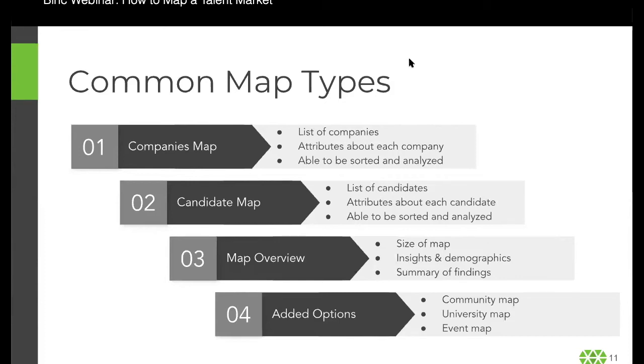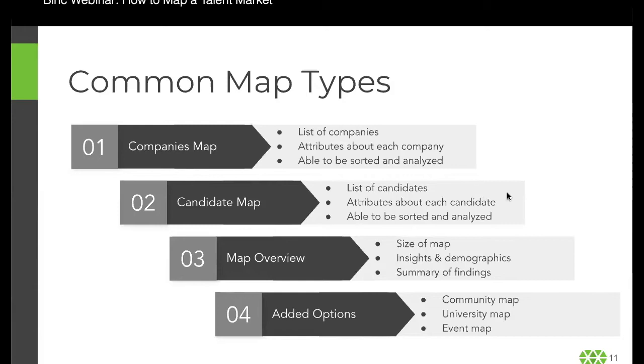If we wanted to build a university map, if, for example, we were targeting the graduates of a certain degree because the expertise someone earned from that degree is applicable to a certain job type, then mapping the graduates over a certain set of years might be a valuable exercise. Or an event map. It's fairly common in our industry for people with common skill sets to congregate in events. And so mapping events or sets of events might be a value that a map can take.